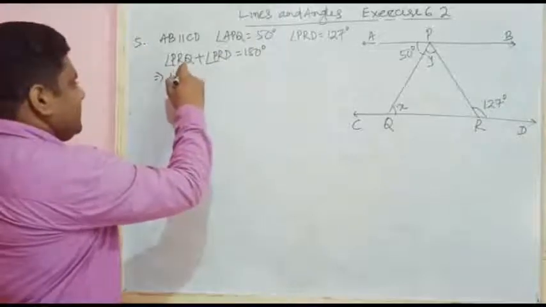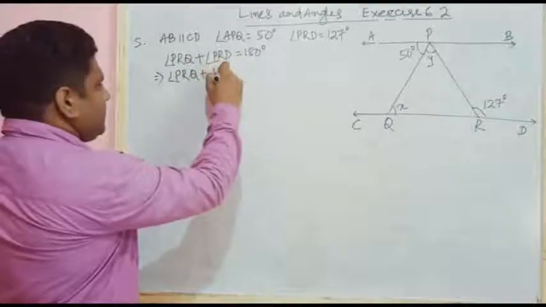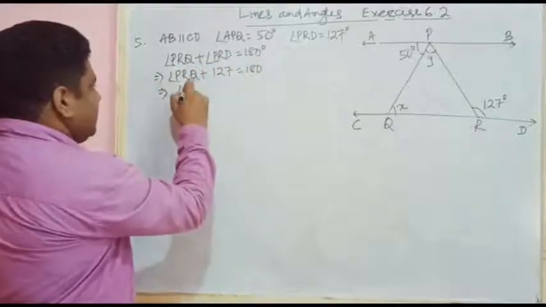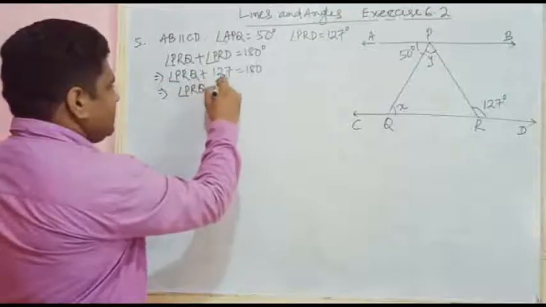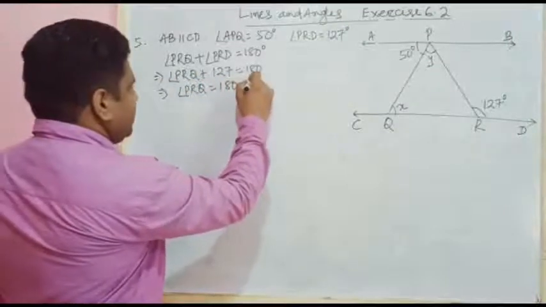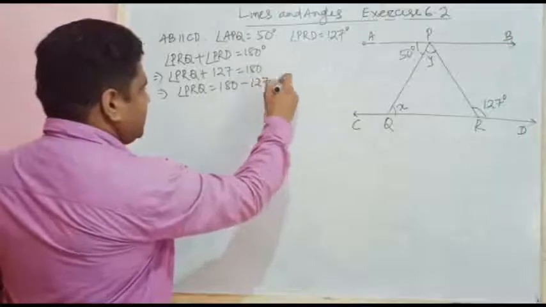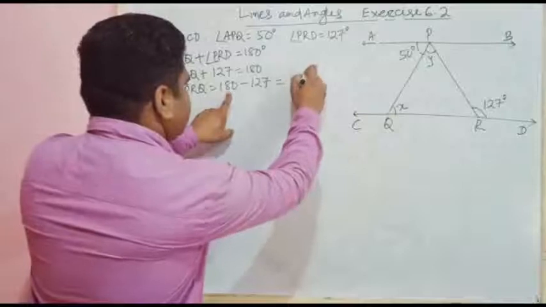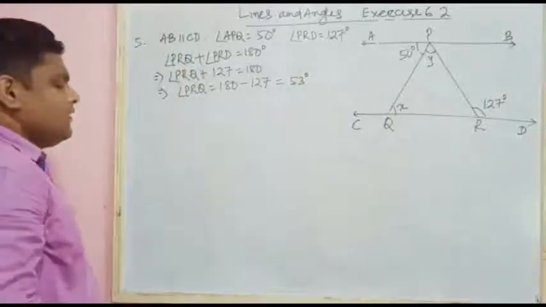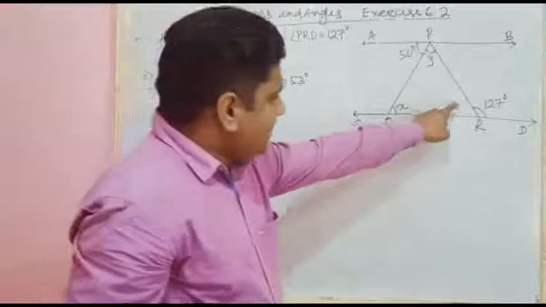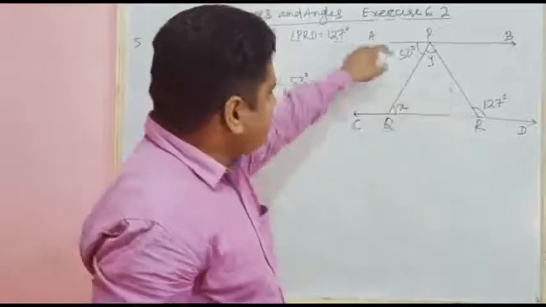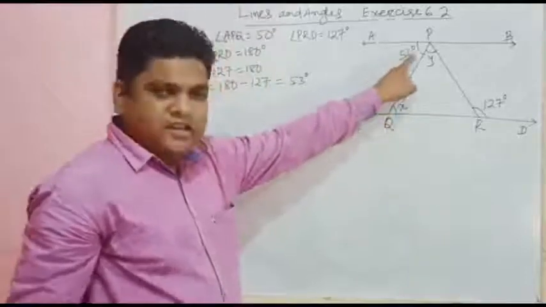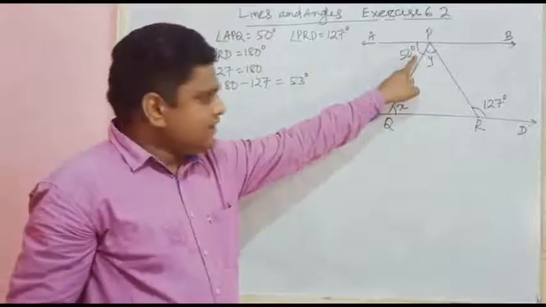So it will be angle PRQ plus 127 is equal to 180, or this implies that angle PRQ is equal to 180 minus 127. It will be 53 degrees. Now we got angle R equal to 53 degrees, and see here, AB is parallel to CD and PQ is transversal, so a pair of alternate interior angles must be equal.